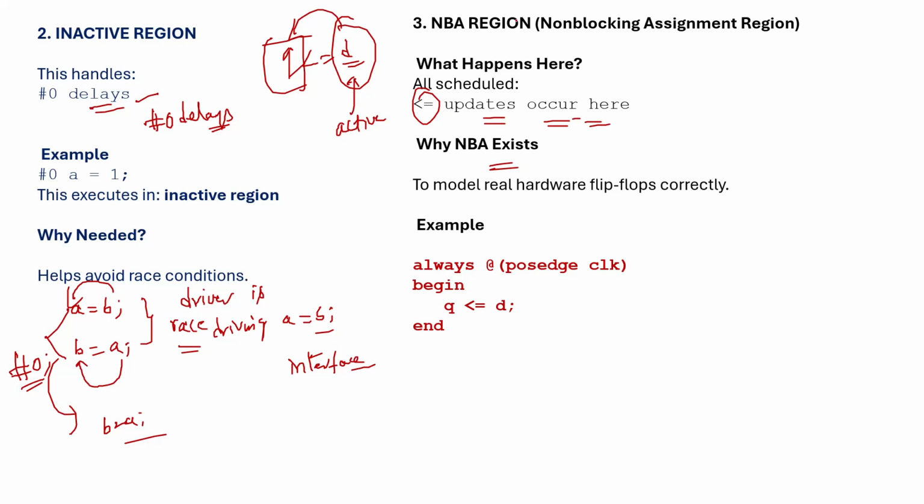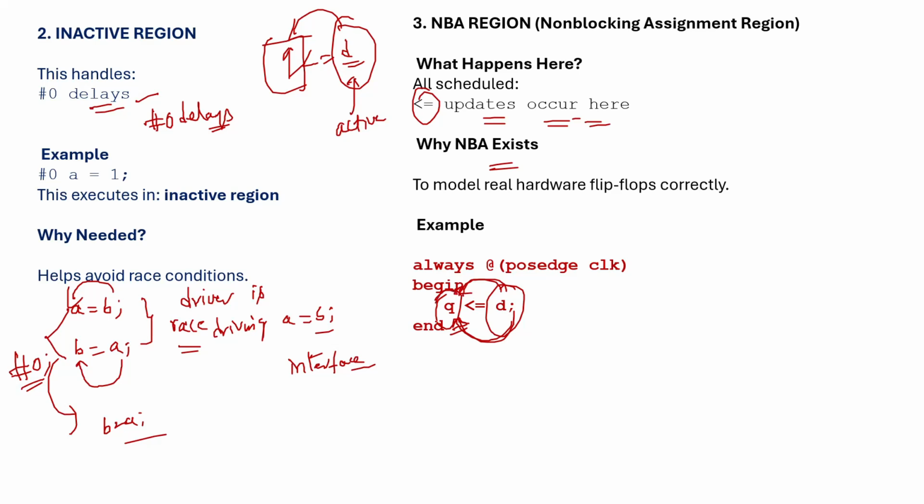In this non-blocking region, whatever the left hand side, like q equal to d you are assigning, right? That left hand side, what is the statement you are having? Q. So this Q will be executed here. D is applied to Q in the active region, yes.